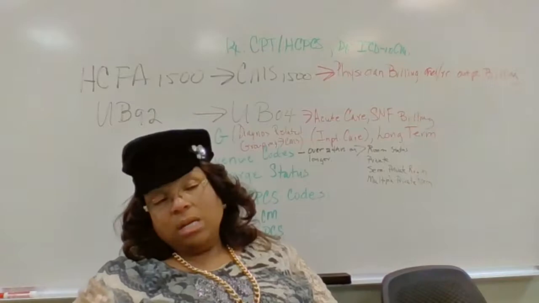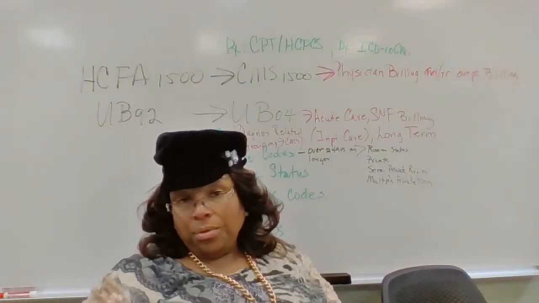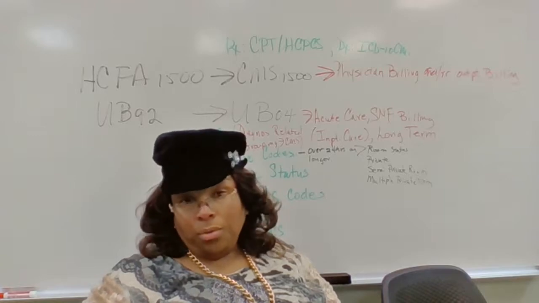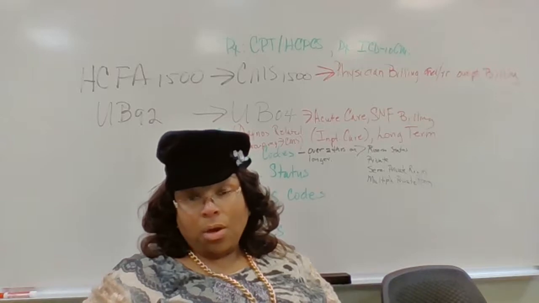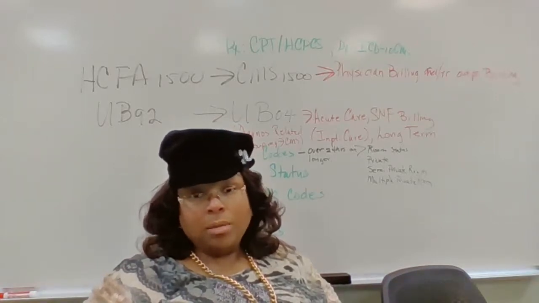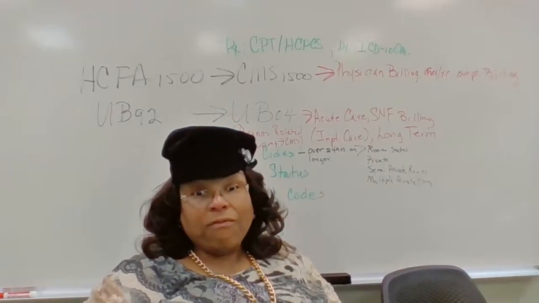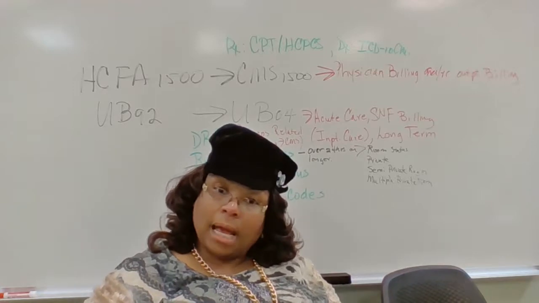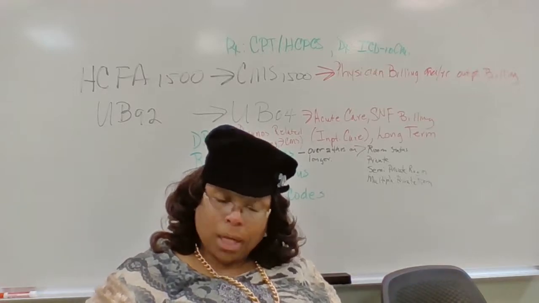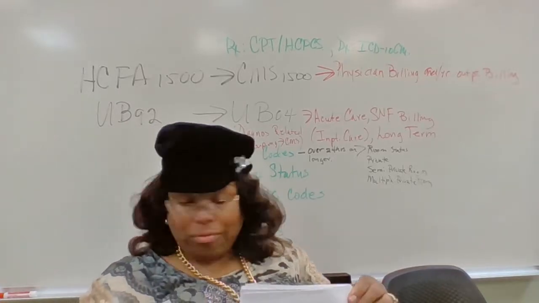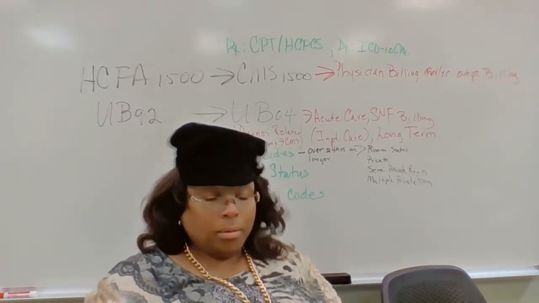If someone gives you a UB-04 and tells you that you're going to use this in a physician's office for billing, I already told you: give them my name, give them my business card, so I can set up an appointment and charge them $75 an hour to tell them they don't know what they do, so I can come over and orient them. Not hurt their feelings, just help them get an understanding of what they should be doing. It's the truth, and the truth shall set you free.